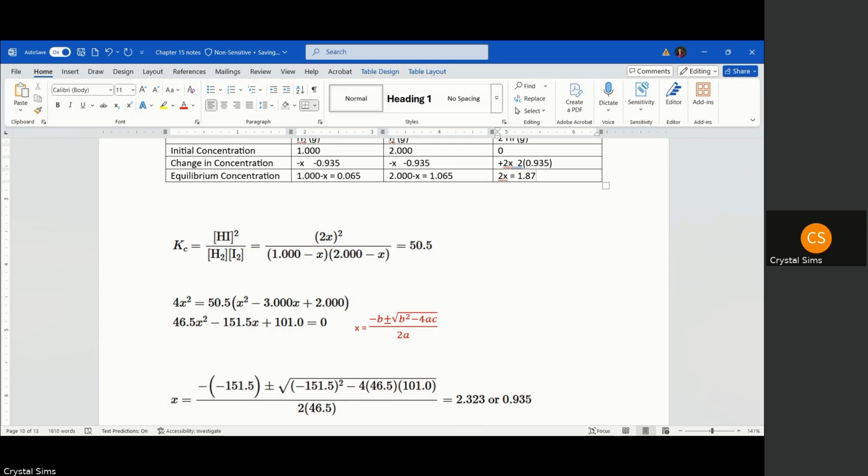So now I have my equilibrium concentrations.